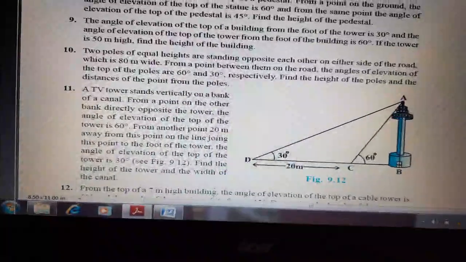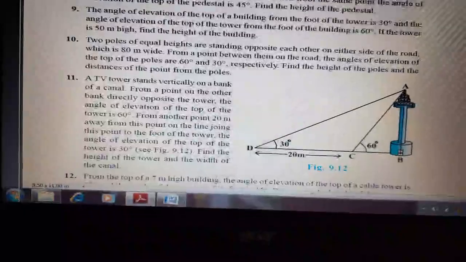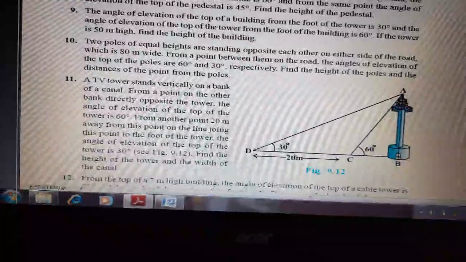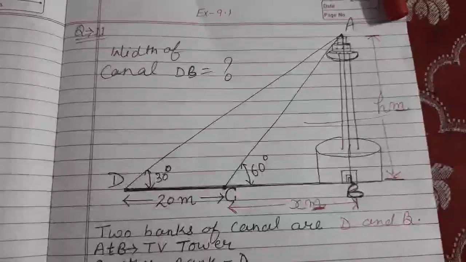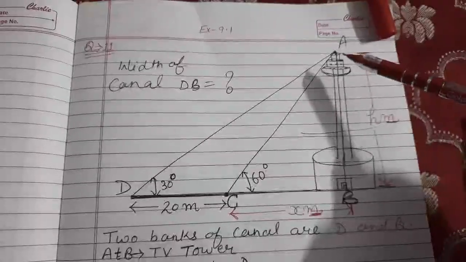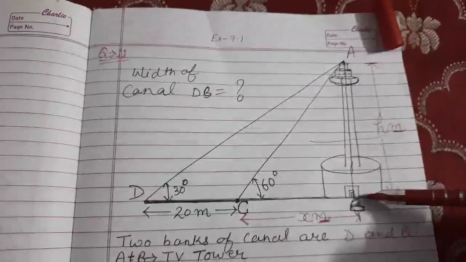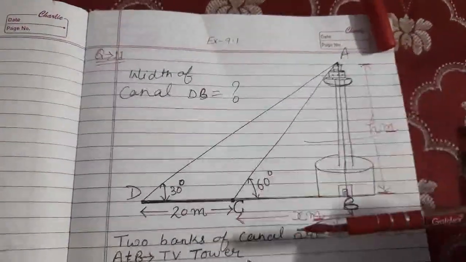So in this question, a diagram is given to us. I will explain the diagram to you and then we will solve this question. According to the question, we have a TV transmission tower, a canal and two banks.